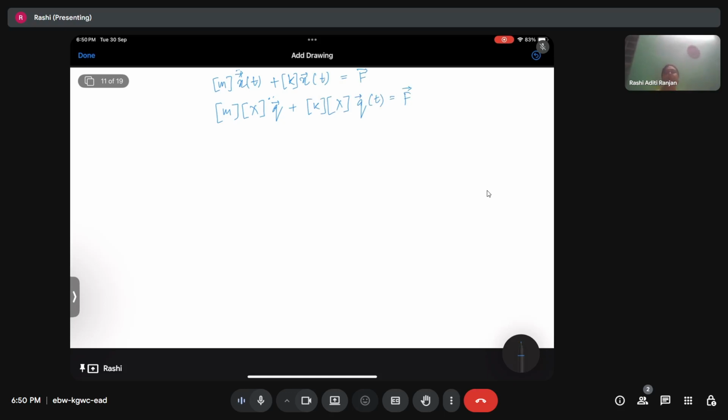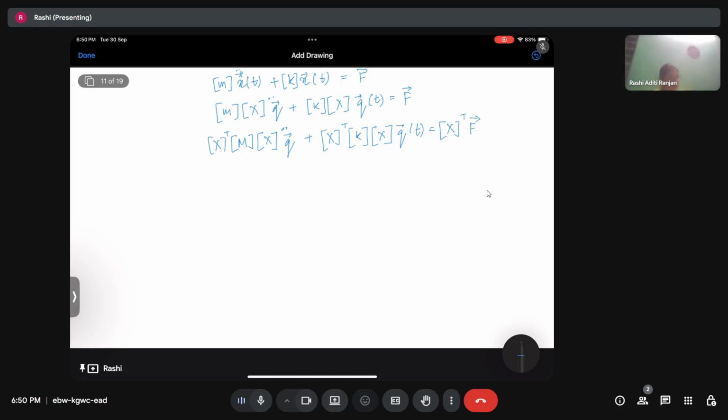Now what if we pre-multiply this whole equation with X transpose? With X transpose. We get X transpose m X q double dot plus X transpose k X q of t is equal to X transpose into f.